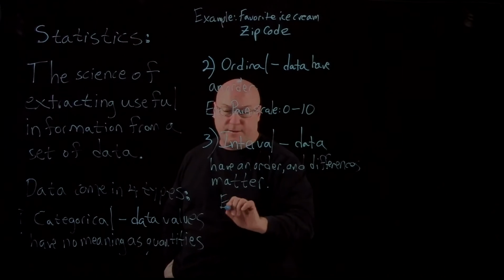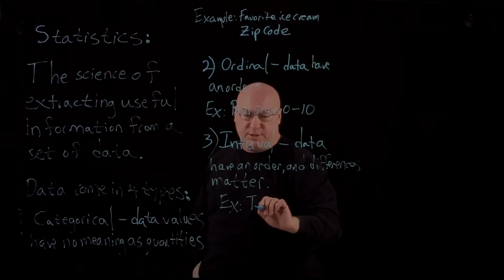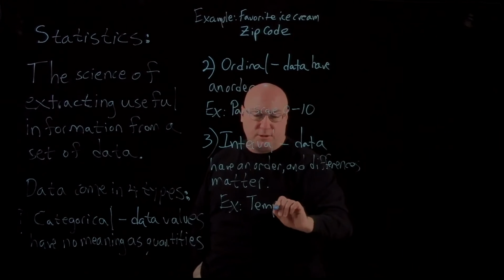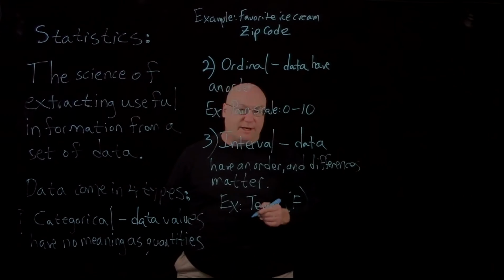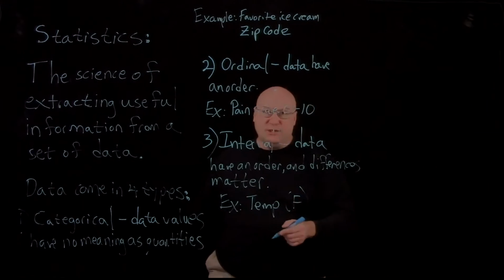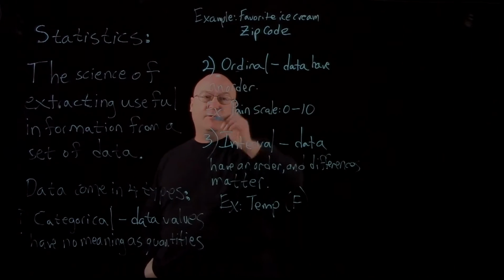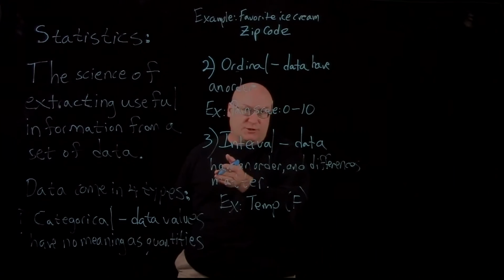So, for example, temperature, say the Fahrenheit scale. Certainly, 50 degrees is warmer than 30 degrees. So I have ordinal up here, right? I have a sense of an ordering to how big the temperatures are.